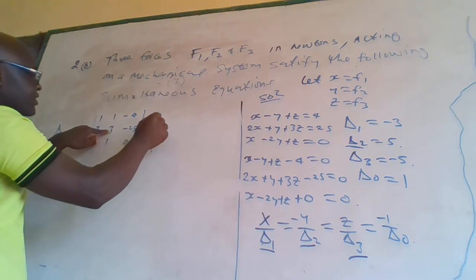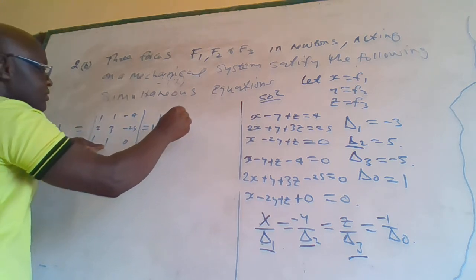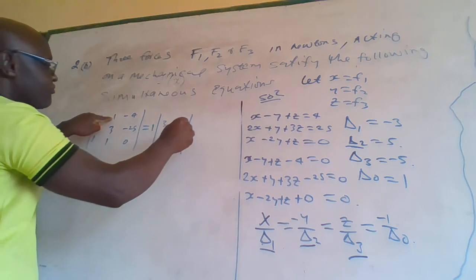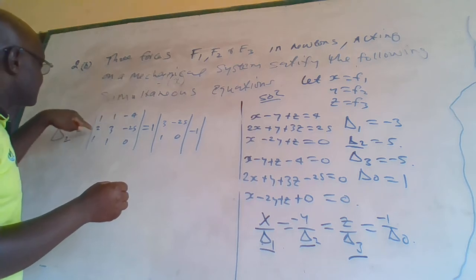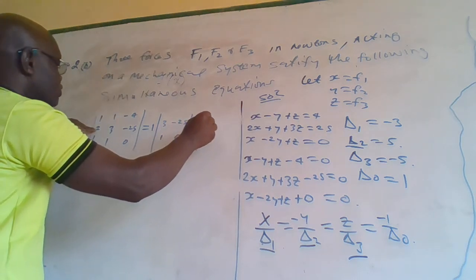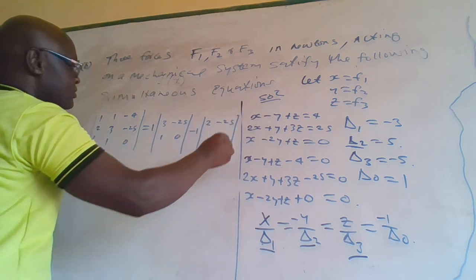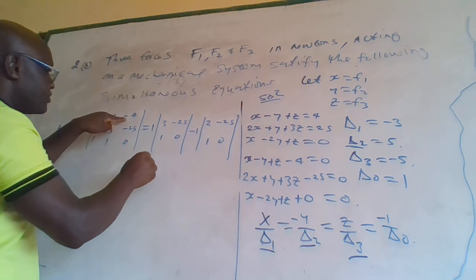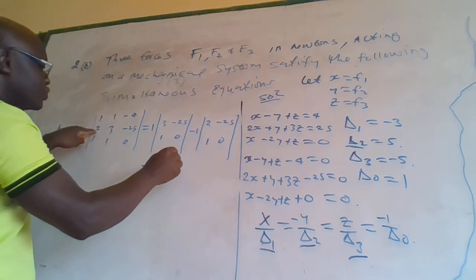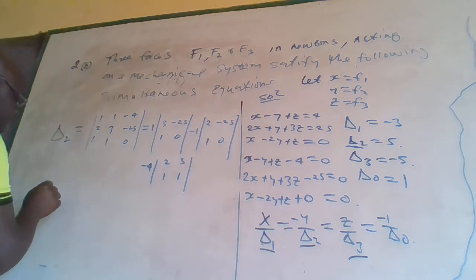So we have 3, negative 25, 1, 0. Then we have minus 1 into 2, negative 25, 1, 0. Then plus minus 4 into 2, 3, 1, 1, like that.